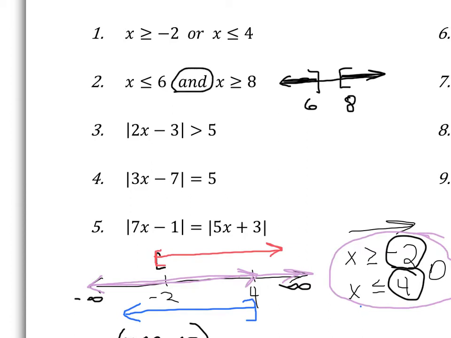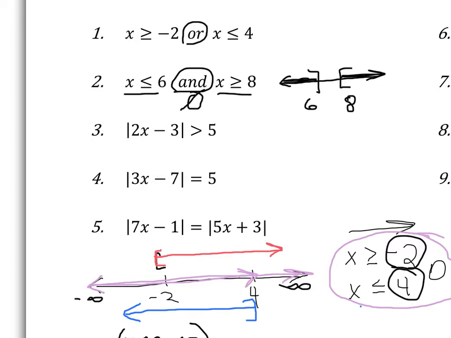So the and means that both of these conditions must be true, whereas the or means either of these conditions can be true. So to see where both of these are true, you look at your line and you see where the two graphs overlap. Since they do not overlap anywhere, then that means there are no solutions in here.